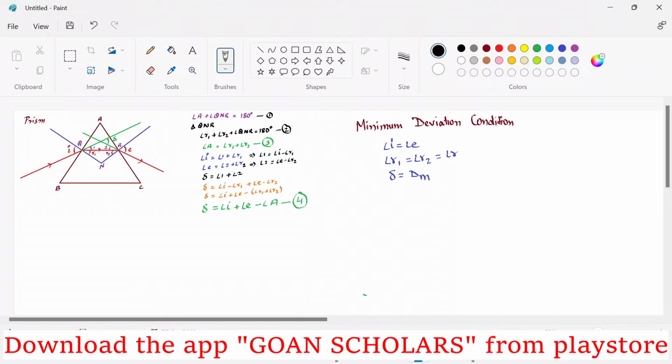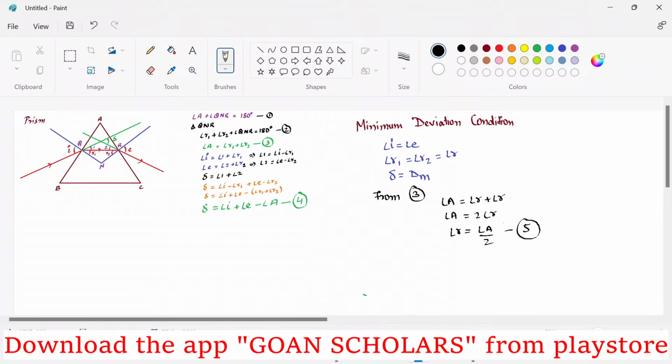Let's use these conditions and substitute in the equations. So if I substitute this condition in equation 3, angle A will be equal to angle R plus angle R. So angle A is equal to twice angle R, and angle R will be equal to angle A by 2. This is equation number 5.